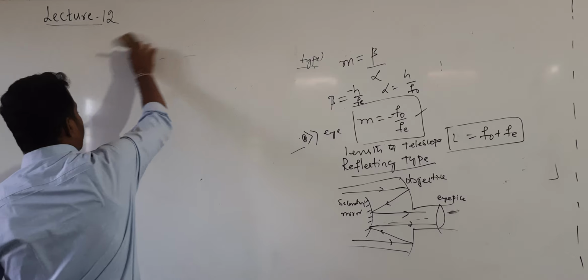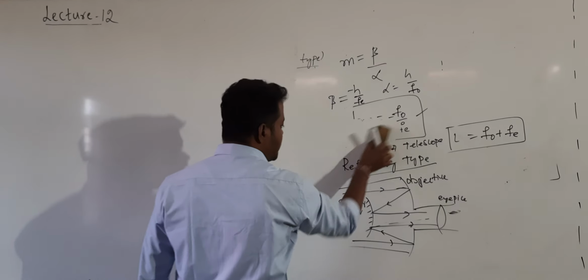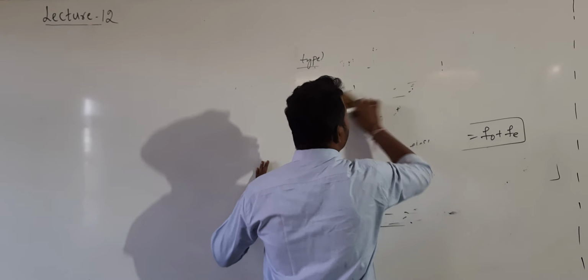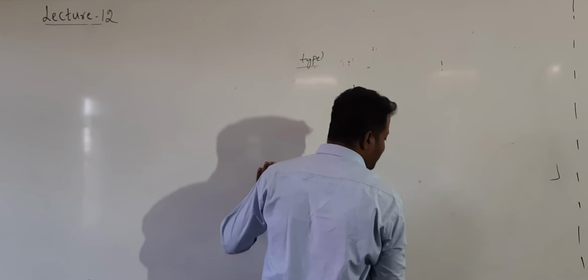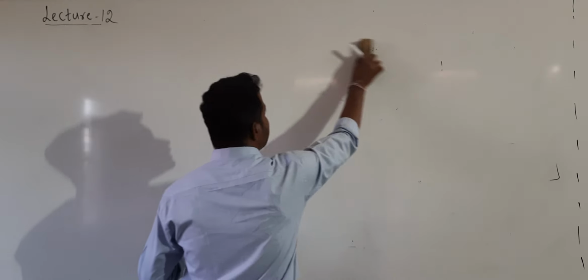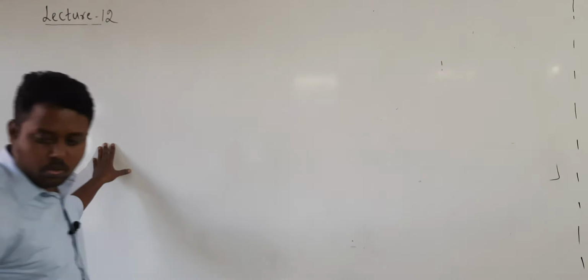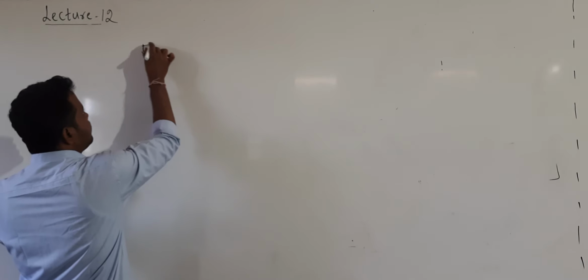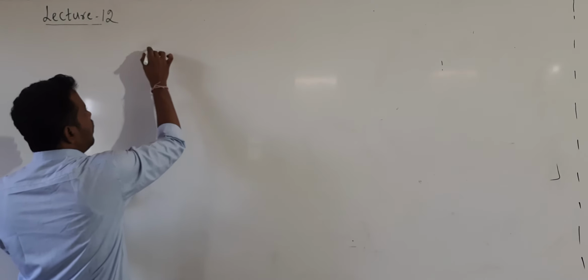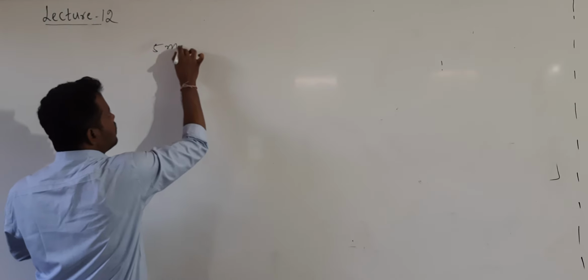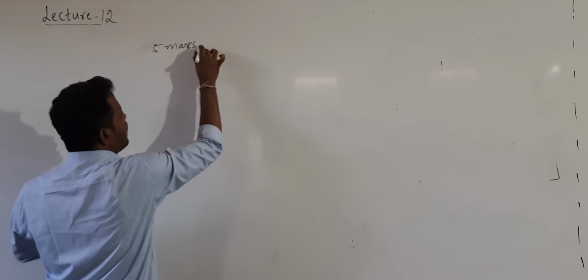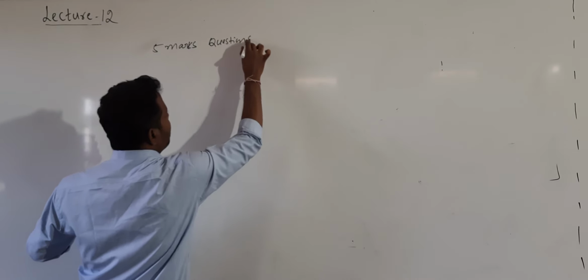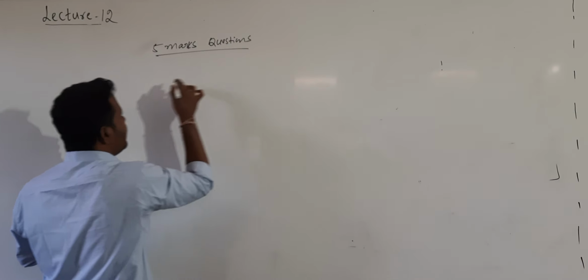This chapter is very important and we can expect a minimum of 10 marks weightage from it. Since tomorrow onwards we start directly with numericals, what are the important 5 marks questions in this chapter?